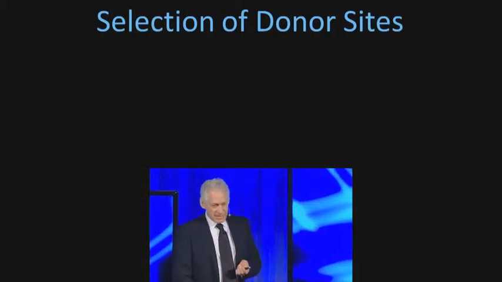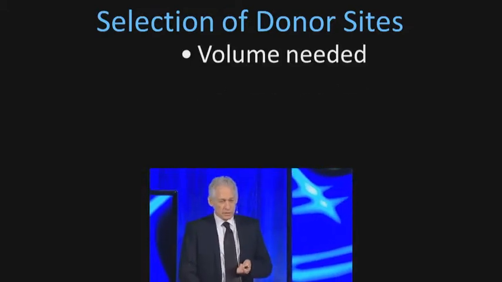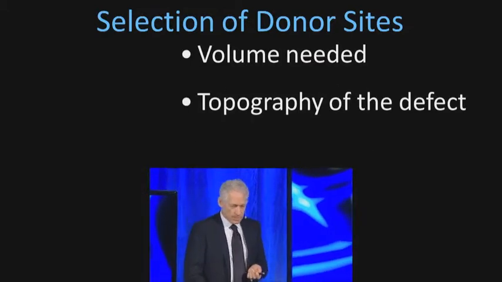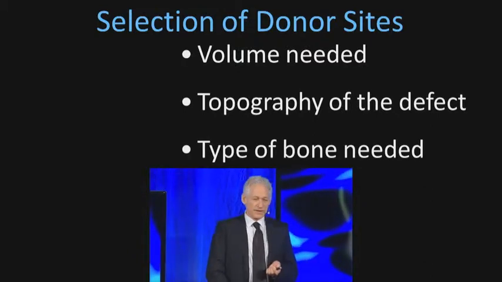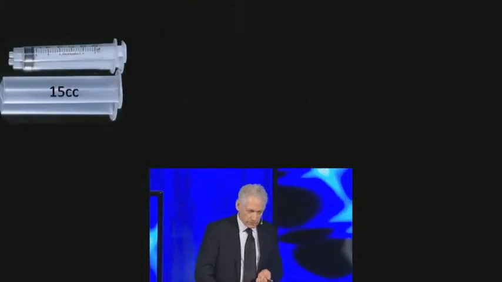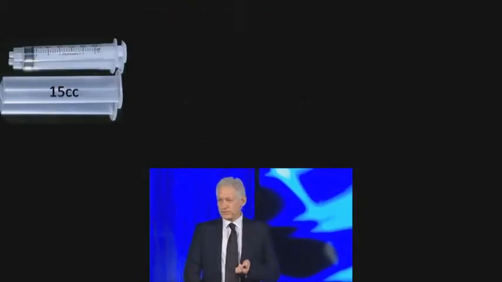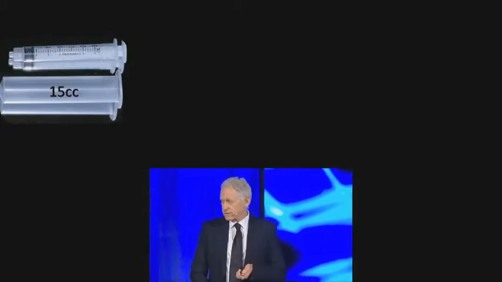We often discuss donor side as far as intraoral and extraoral, so that means volume. But more importantly, in my opinion, is the topography of the defect and what type of bone is needed. To give you an idea of volume, to reconstruct a small defect in the maxilla, you will need about 3 cc of bone.